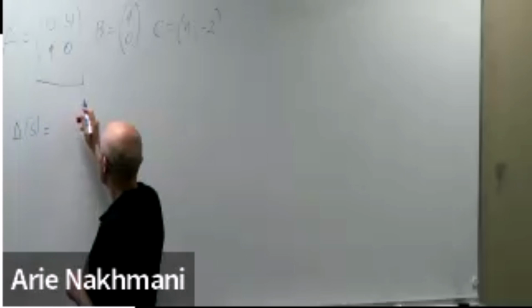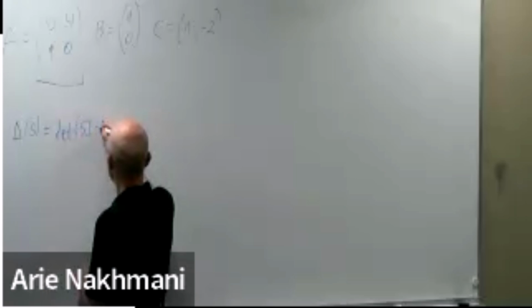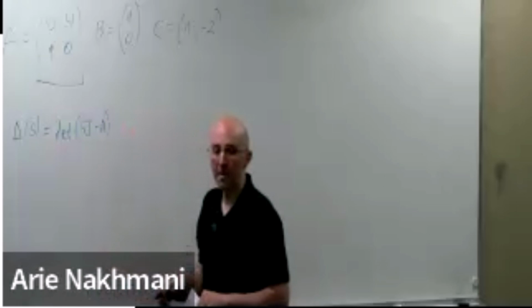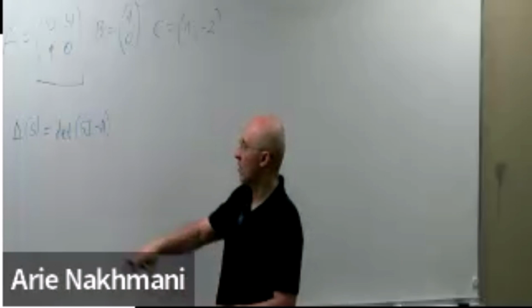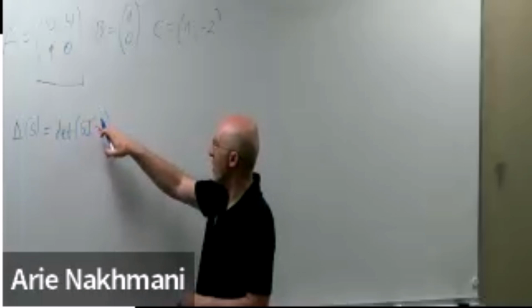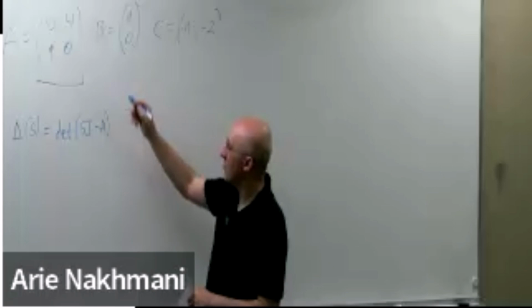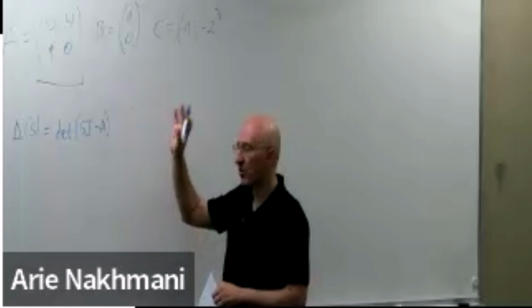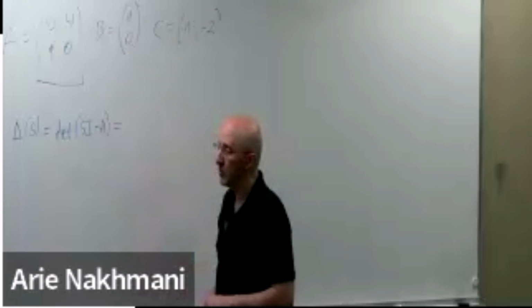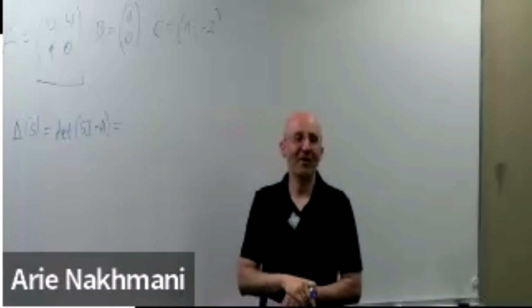It's the determinant of sI minus A. This is what I need to compute. And you can go and directly compute it, multiplying s by I, you'll get s, 0, 0, minus that matrix, then find the determinant of that matrix. Don't need any of it. Why?